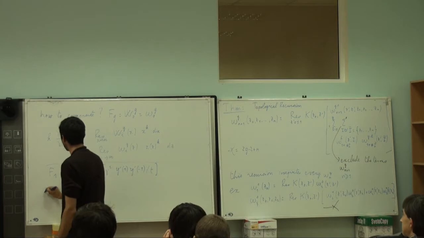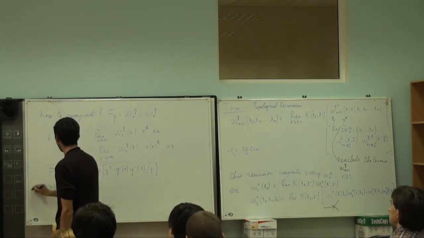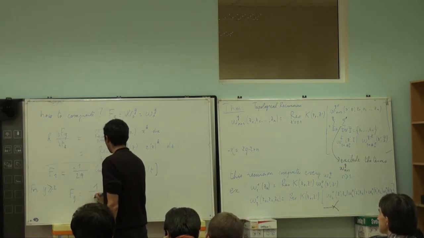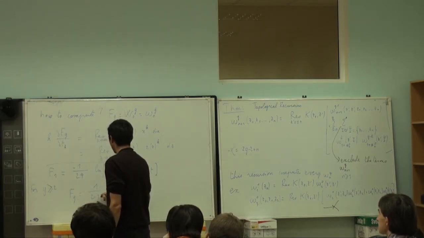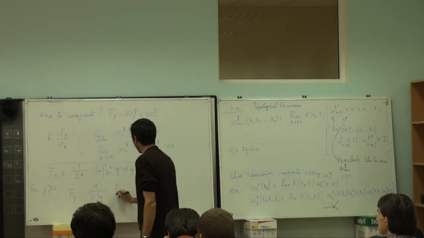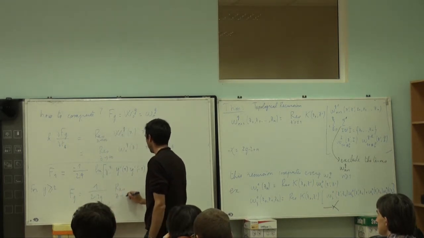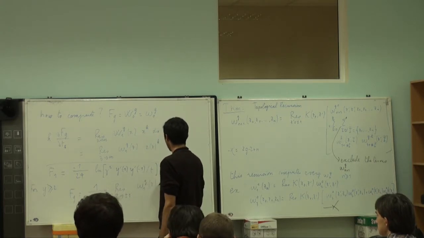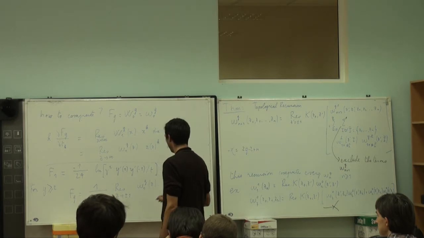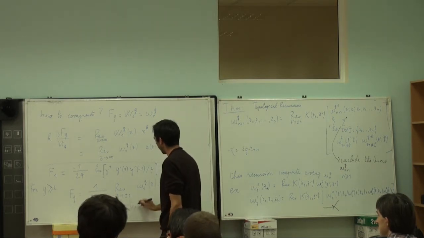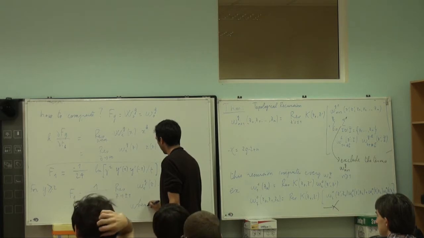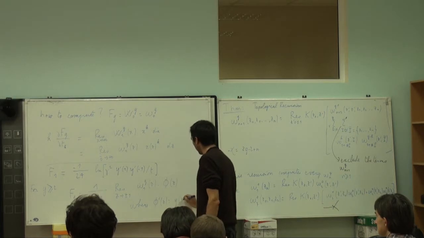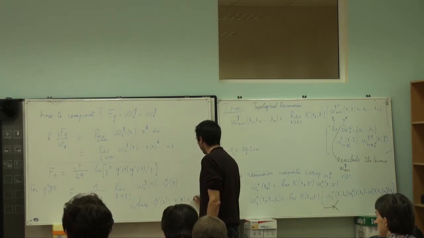And for g larger than 2, fg equals 1 over 2 minus 2g, residue when z goes to plus or minus 1 of omega 1g of z times phi of z. And where phi prime of z is y of z, x prime of z.